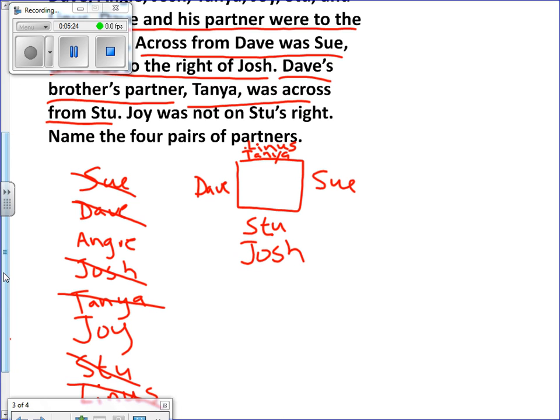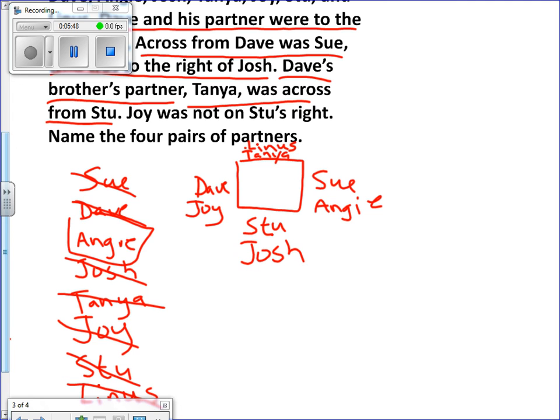Joy was not on Stu's right. So because Joy is not on Stu's right, we know that Joy has to be on Stu's left. So Joy has to be Dave's partner. You can cross Joy off the list, which leaves only Angie, so she goes into the place that's left. There we go. That problem is solved.